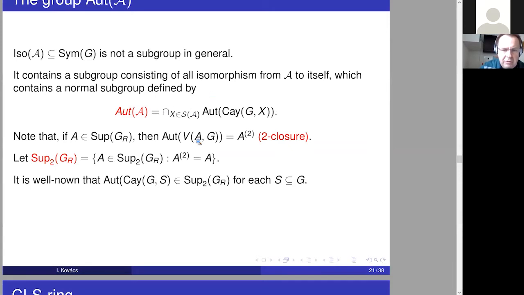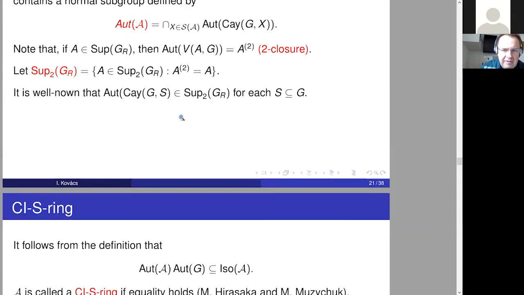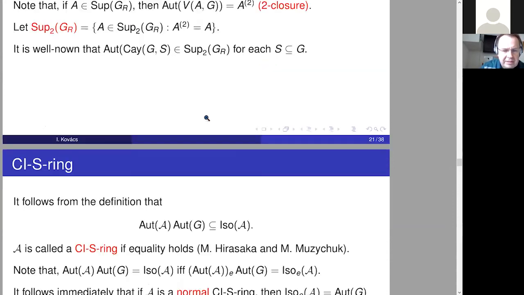This definition is due to Misha Klin, and one can observe that if you take any overgroup of G right, then the automorphism group of the corresponding S-ring is nothing less but the 2-closure of the group. So I will introduce this notation for the set of all overgroups which are also 2-closed. And we will also use the well-known fact that any automorphism group of any Cayley graph is 2-closed, it belongs to this set.